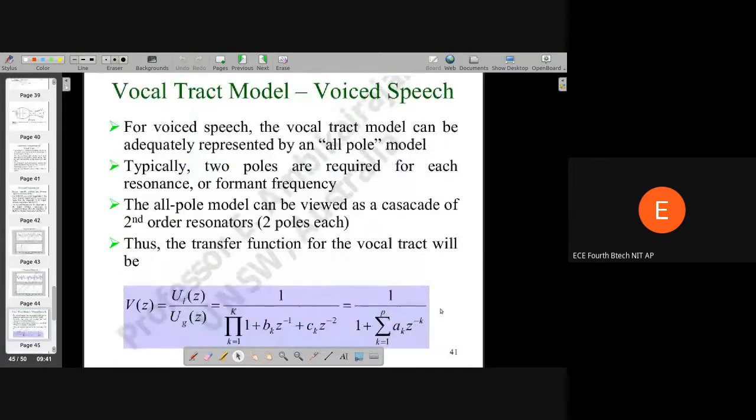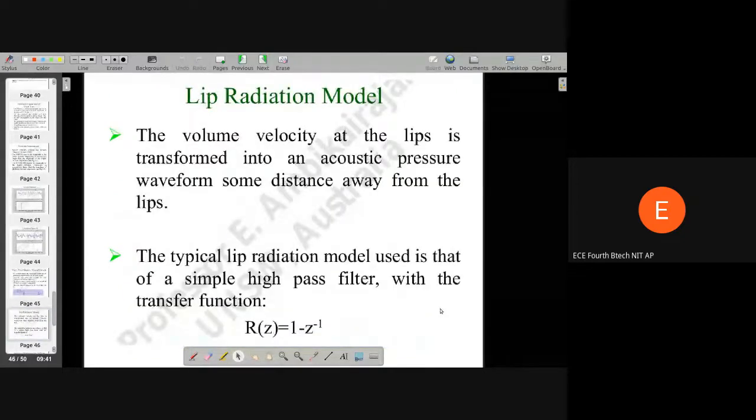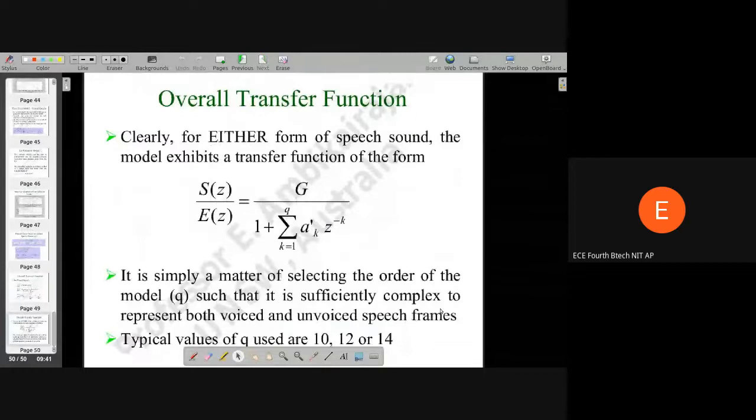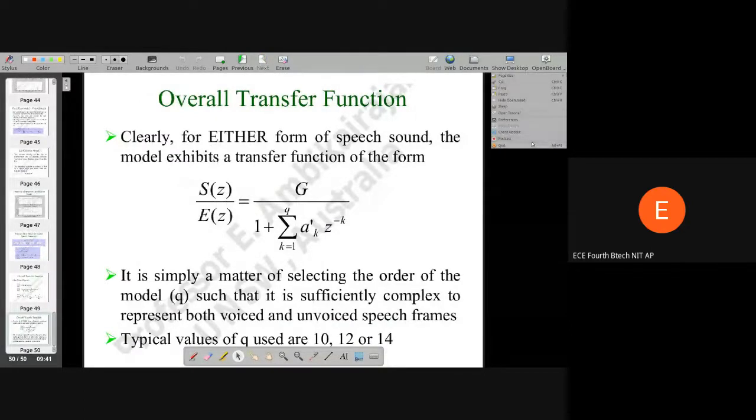So we discussed how we model all this, and then we went to the linear prediction analysis of speech.